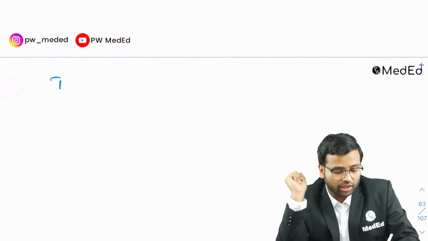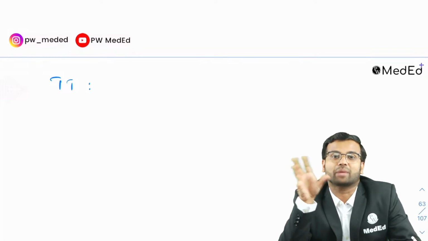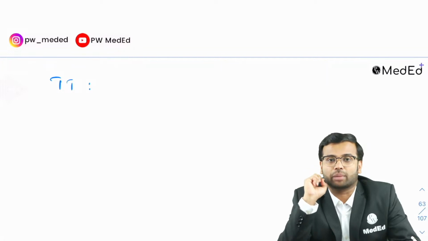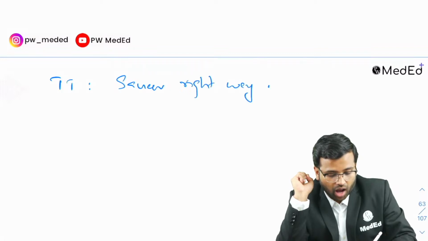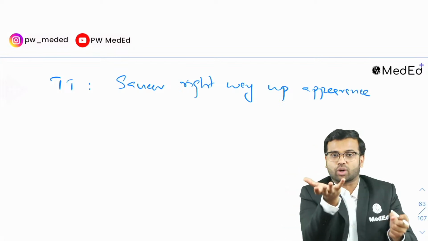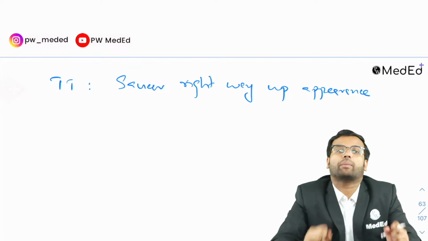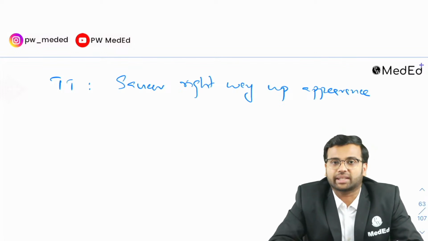Now, what are the different types? In the TT type of leprosy, how can the lesions be compared? The TT type can be compared to a saucer right way up appearance, like a cup and saucer. If it is mentioned in the MCQ, it is going to be a TT type of leprosy.